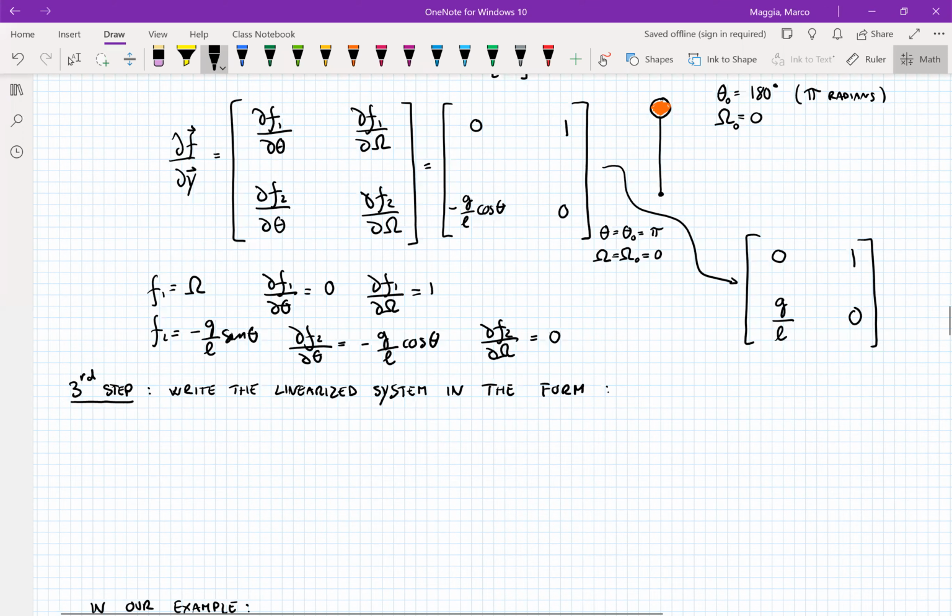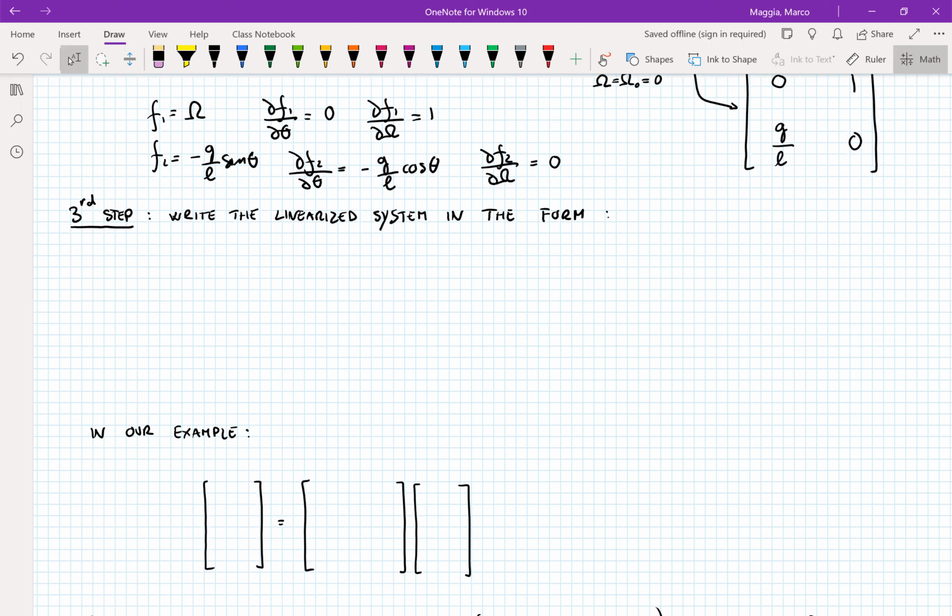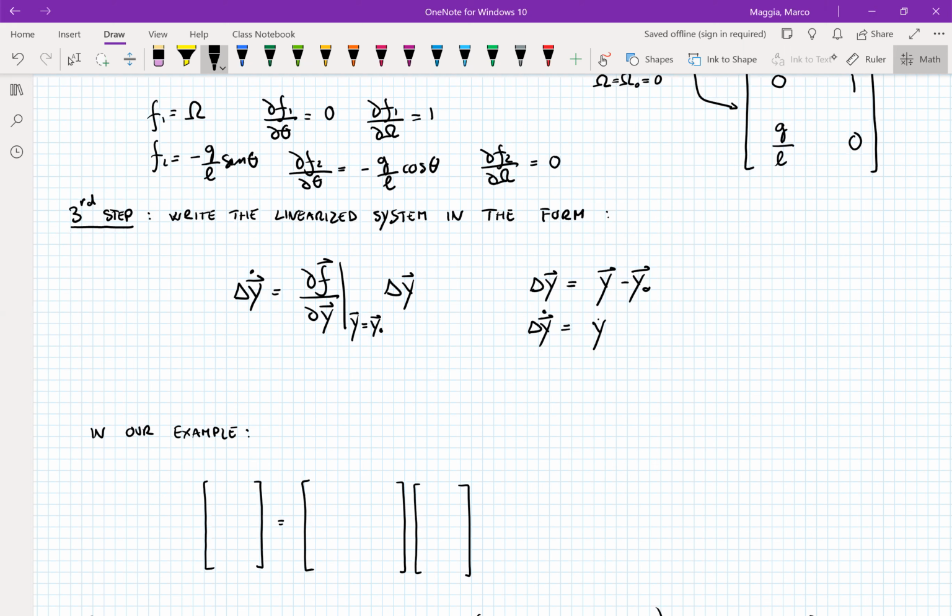Finally, we're ready to write down the linearized system. We're going to do it in this fashion. We write delta y dot equals our Jacobian matrix evaluated at our reference point, times delta y. What is delta y? It is just y minus y naught, and same thing for delta y dot, which is y dot minus y naught dot.